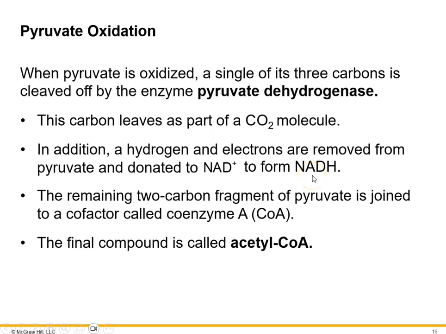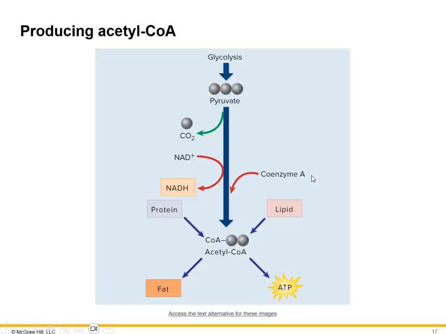Now our remaining 2-carbon fragment of pyruvate will be joined to a cofactor, which you could just think of as a helper to enzymes, called coenzyme A. And that final compound is what we're calling acetyl-CoA. So you can see that happening here as well.